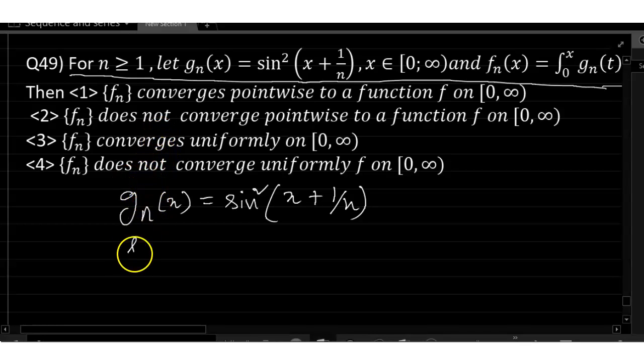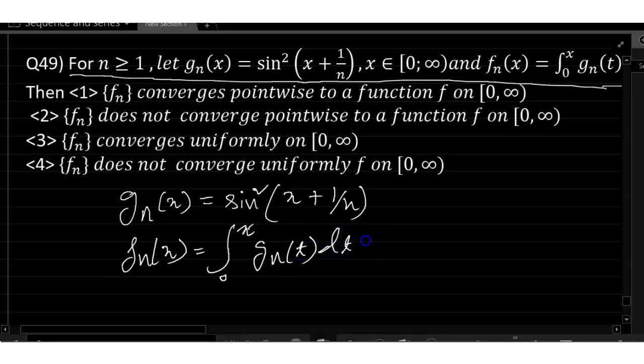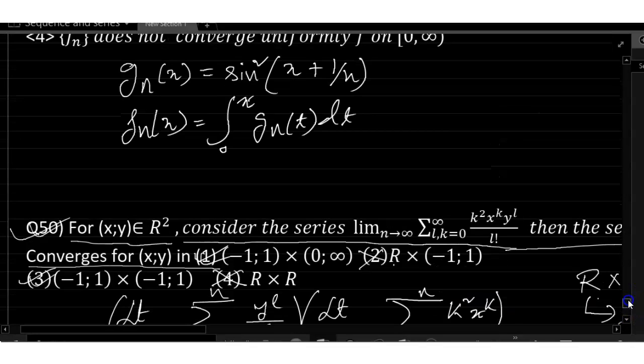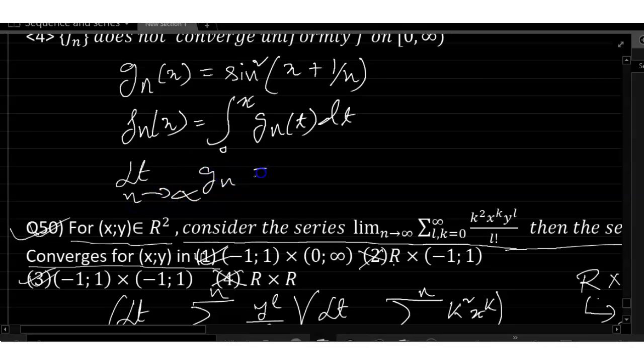And fn(x) equals the integral from 0 to x of gn(t) dt. Limit n tends to infinity of gn is equal to sine squared x.